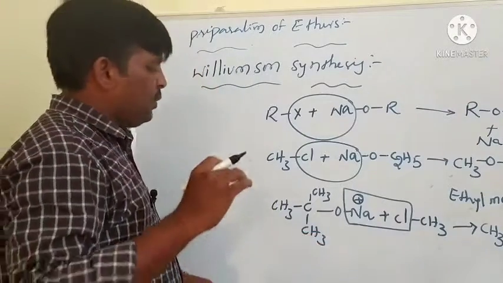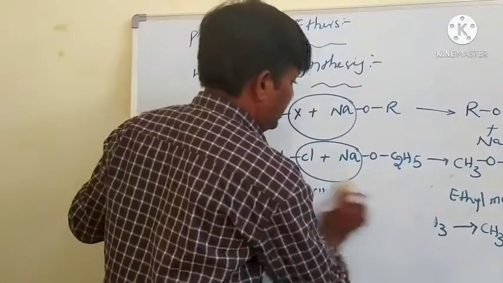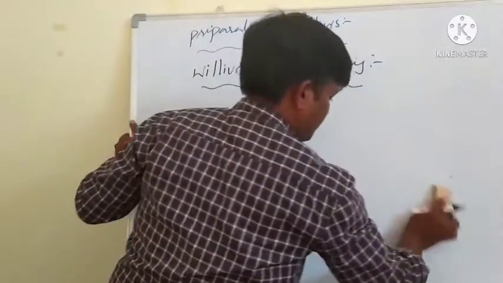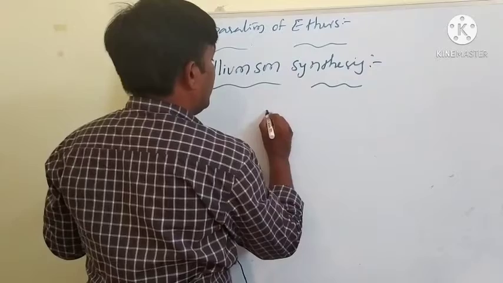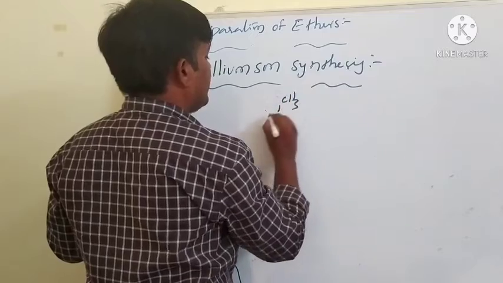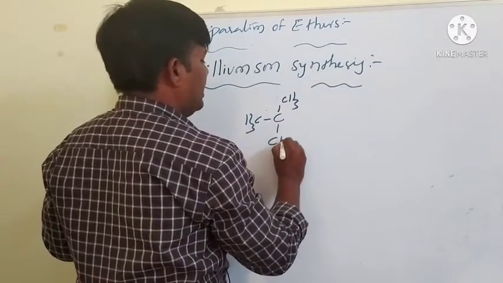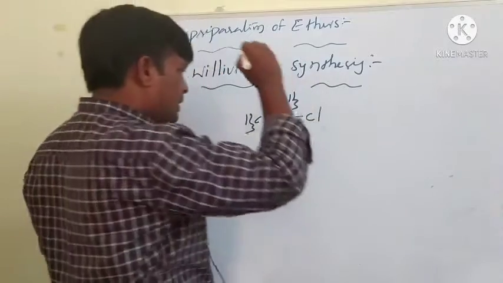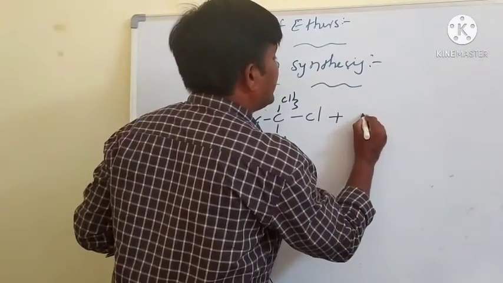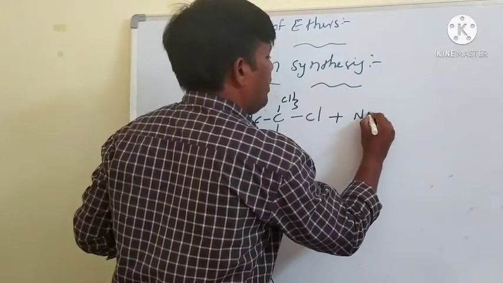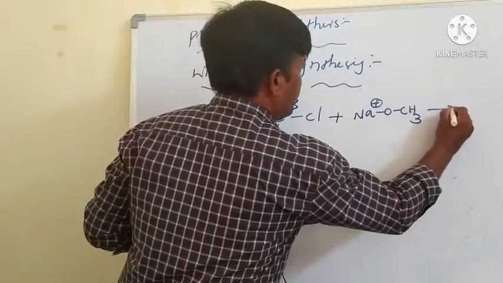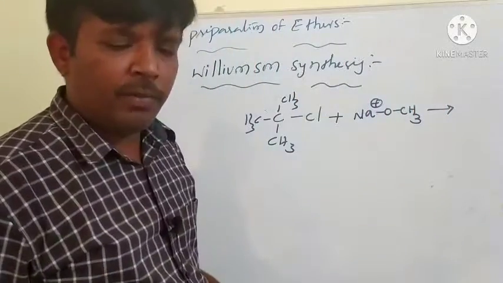Okay, just one observation we have to see here. When a tertiary alkyl halide, that is CH3, CH3, C, Cl, tertiary alkyl chloride, is reacting with sodium methoxide, what is the product?